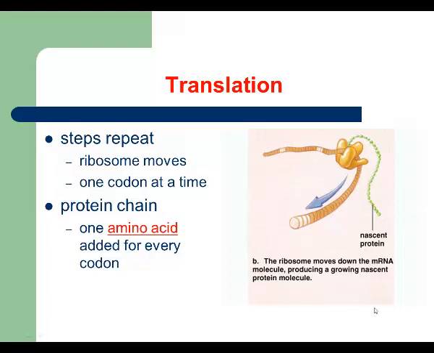So when the ribosome moves along messenger RNA, with the help of tRNAs, it reads one codon at a time and produces one amino acid encoded by that codon.